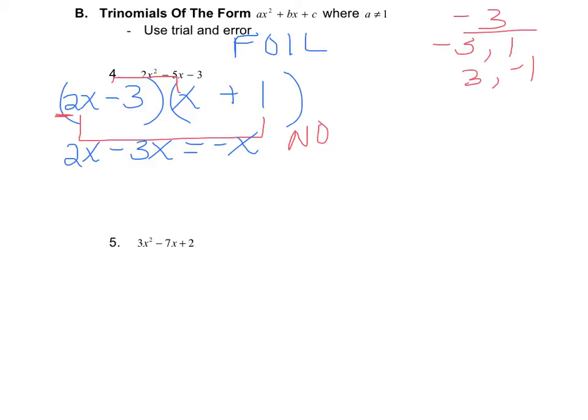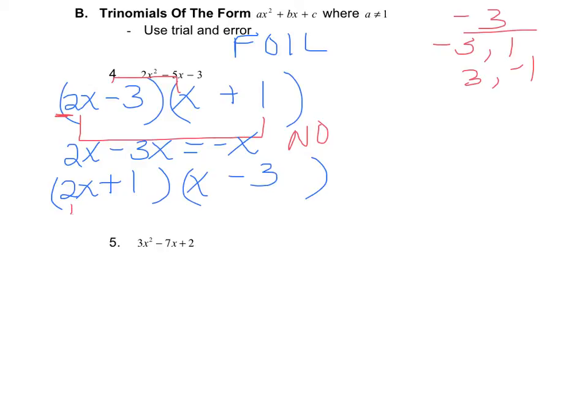Okay, so I'm going to set up my two binomials. And I'm going to do 2x and x. But this time, instead of disregarding the negative 3, positive 1, and moving on to positive 3, negative 1, I'm going to take those two factors and switch them around. And if it doesn't work this time, then I'm going to move on to the positive 3, negative 1. So, okay, I'll put the plus 1 here and the minus 3 here.